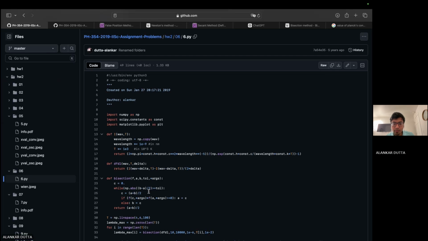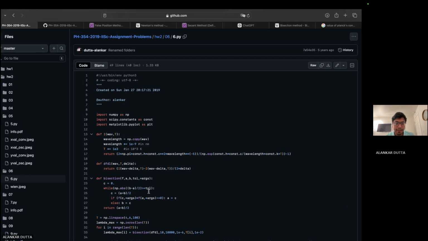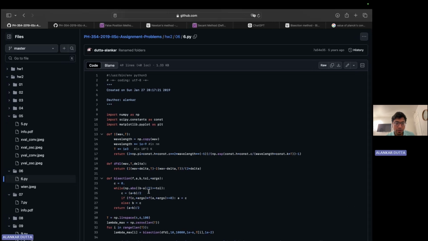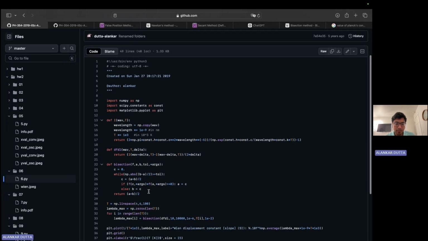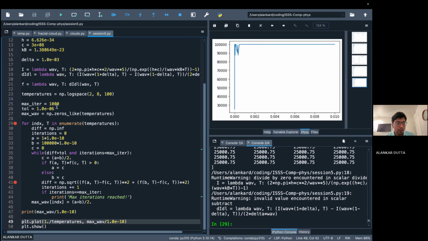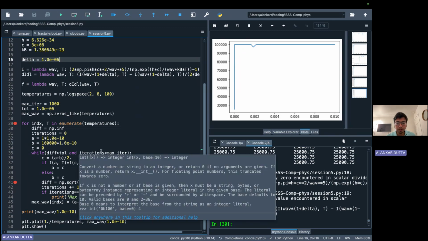So wavelength in T and delta is something. Minus 6. So probably I should have a delta which is even smaller to have a better estimate. Okay.